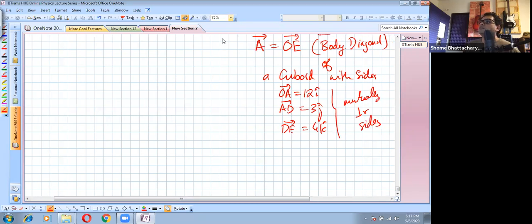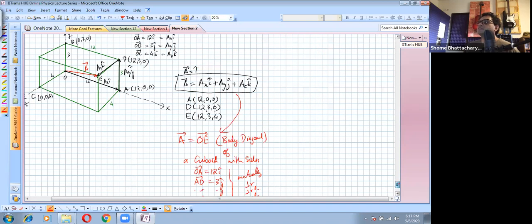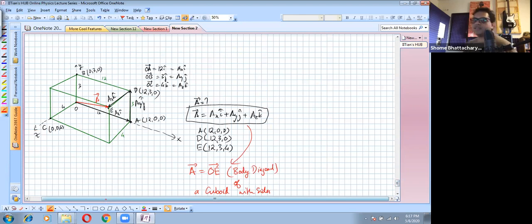So that is how you understand geometrically how you have converted a vector in 3-dimensional component form into understanding what it represents geometrically. It represents the body diagonal of such a cuboid, whose edges are X, Y, and Z, or 12 i cap, 3 j cap, and 4 k cap in this case.